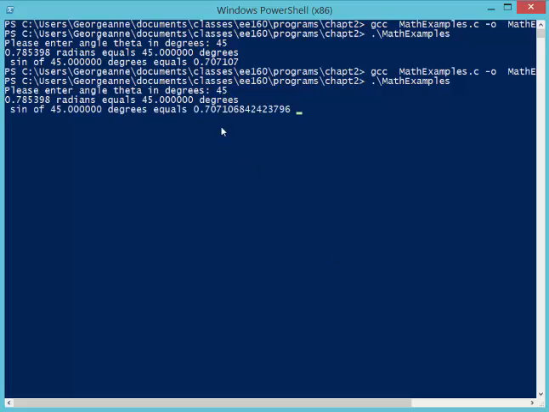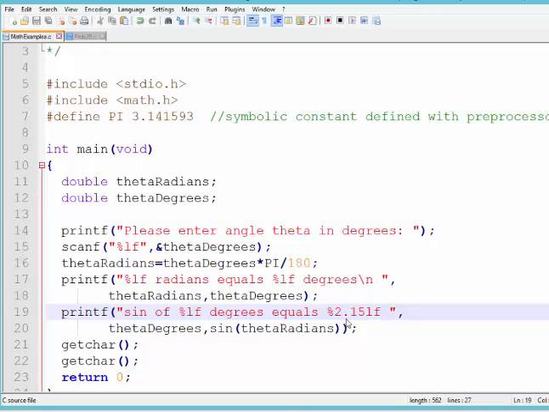And now you see that it should be 15 places out past the decimal: 1, 2, 3, 4, 5, 6, 7, 8, 9, 10, 11, 12, 13, 14, 15. Yes, indeed, that's 15 places out past the decimal. So specifying 2.15, 2 is how many places you are allowed before the decimal, and then 15 places after the decimal. So that worked nicely.